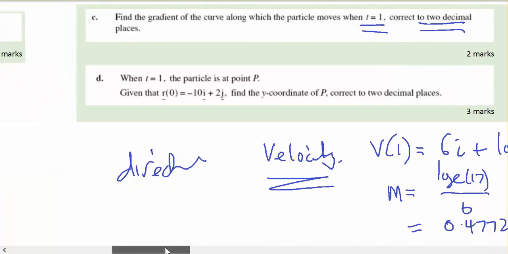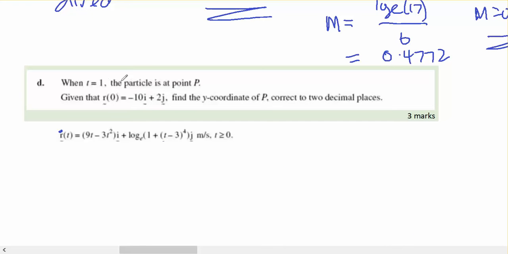And lastly, when t equals 1, the particle is at point P. Given that y equals 2 at t equals 0, find the y coordinate of point P. Okay, so I've got to find out what y equals.